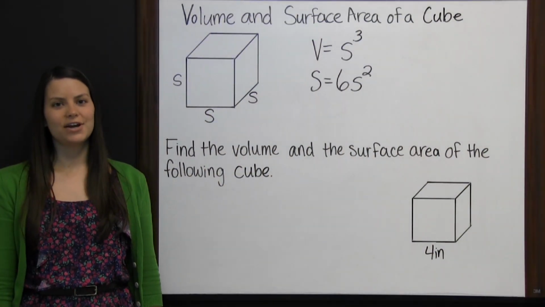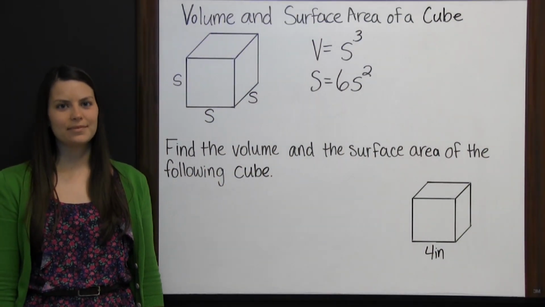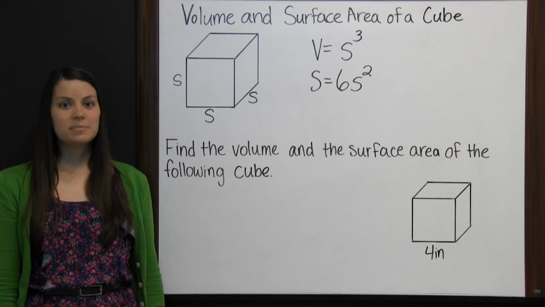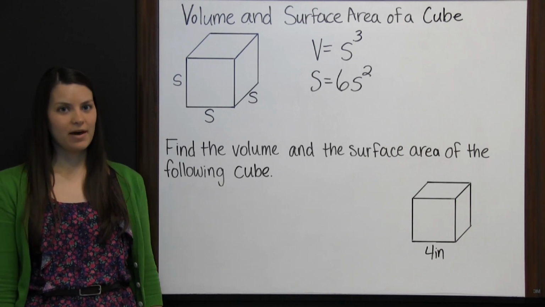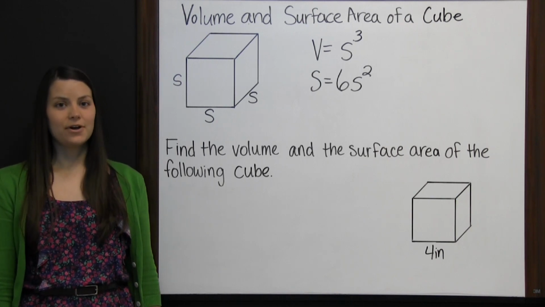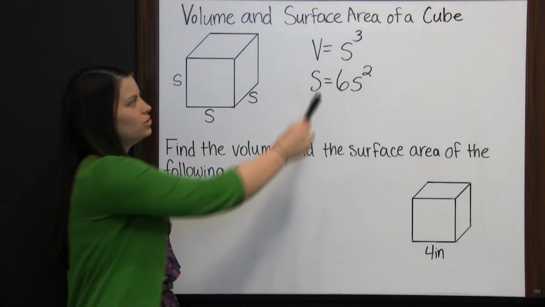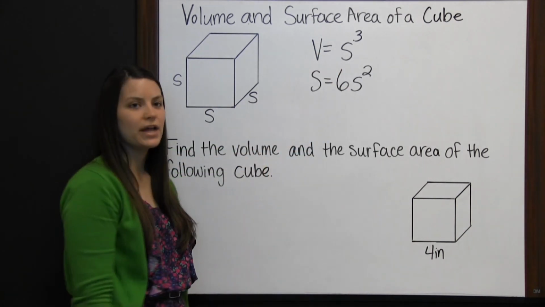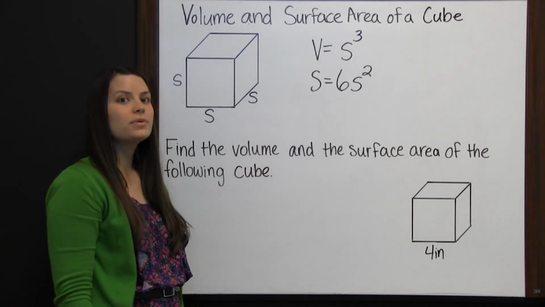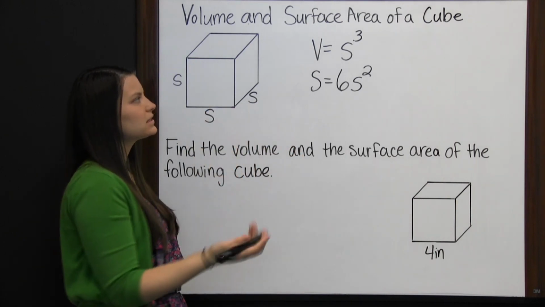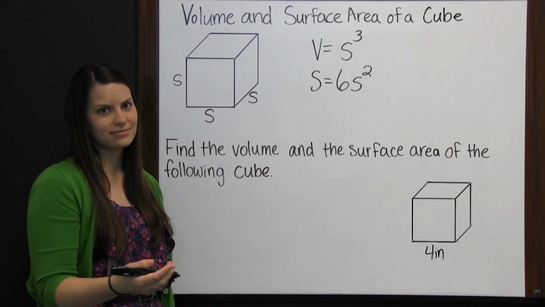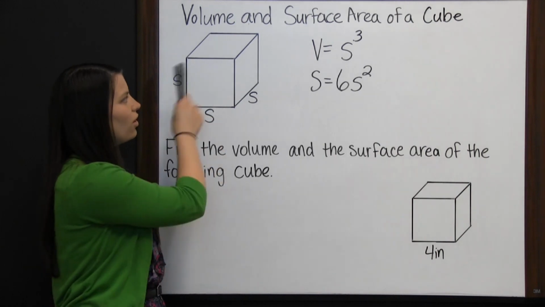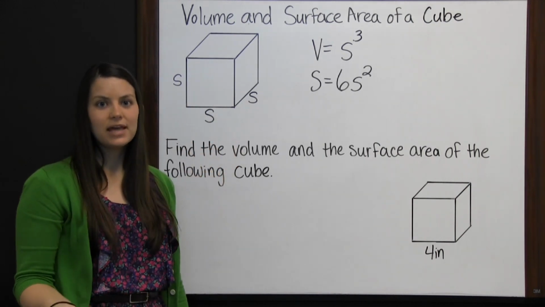Volume and surface area of a cube. Volume is the space that a figure occupies. So to find the volume of a cube, you just cube the length of one side. A cube is made up of 6 congruent squares, which means all the dimensions of the cube are the same.